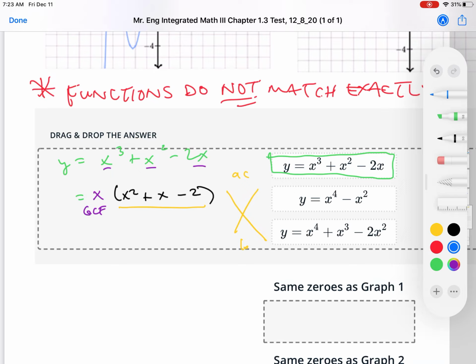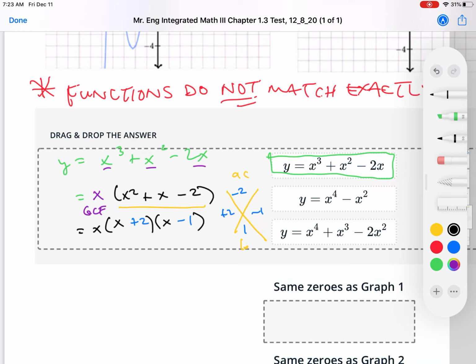So this would be a times c would be -2, b value is 1, 2 numbers are +2 and a -1. So we have x times x plus 2 and x minus 1.